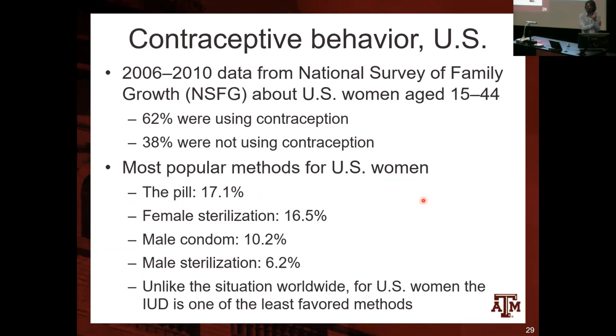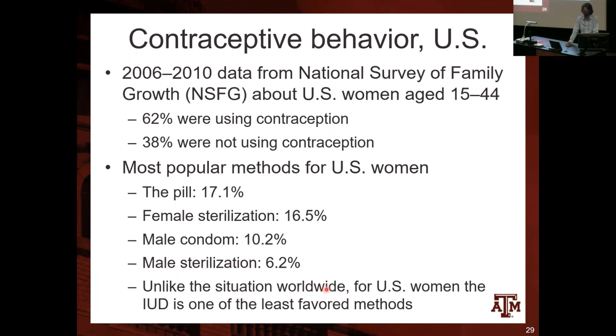In terms of contraceptive behavior in the US, the National Survey of Family Growth that we already talked about in this course is a nice source of data. As I just mentioned in the previous slide, 62% of women between the ages of 15 and 44 during these years were using some form of contraception, and 38% were not. 17% were using pills, 16.5% had passed through female sterilization, 10% had the partner using a male condom, and 6.2% the partner passed through male sterilization.